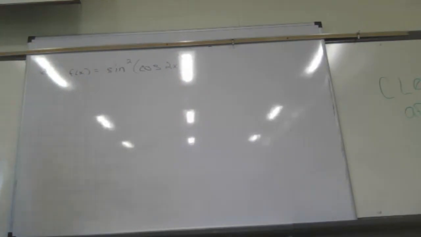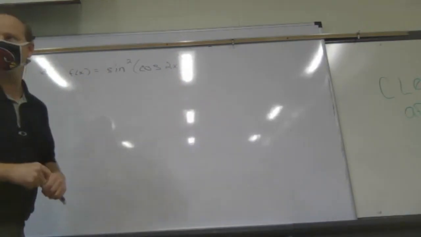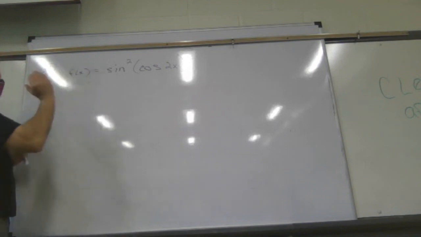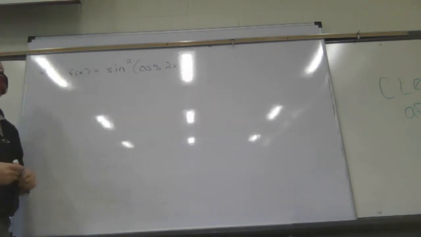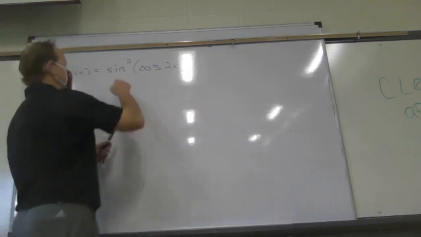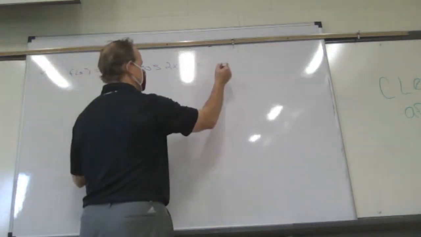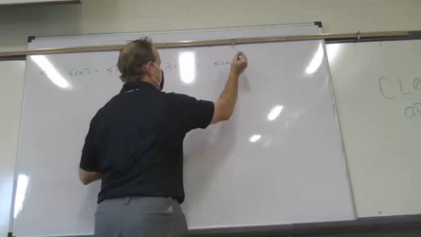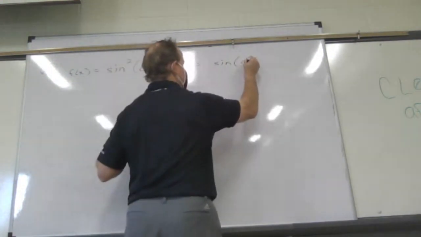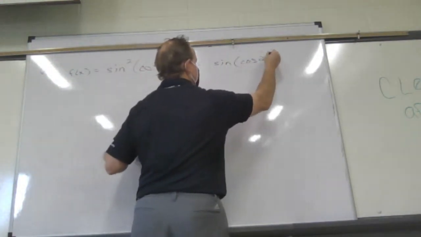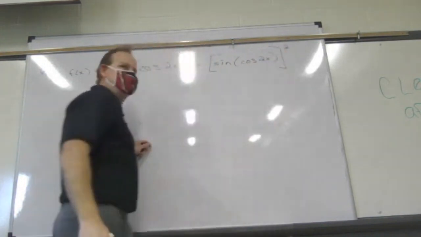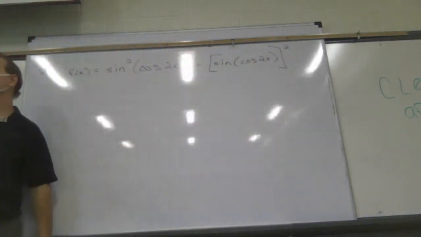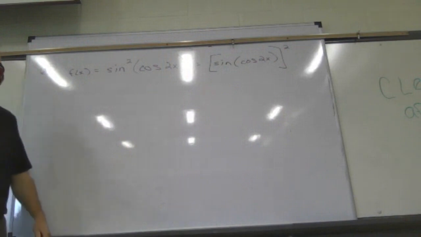We're going to do this a couple different ways to prove that the correct answer is correct. Basically it's sine squared of something, so you would rewrite that as sine of cosine 2x, quantity squared. Do you agree? Because that's what sine squared is. We're taking sine squared of something.